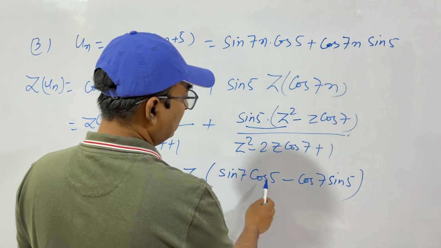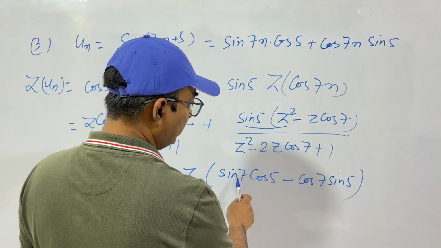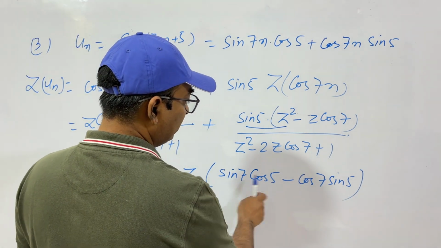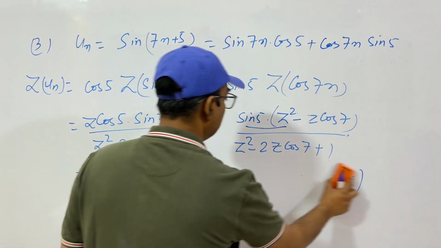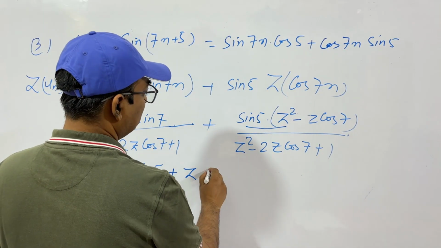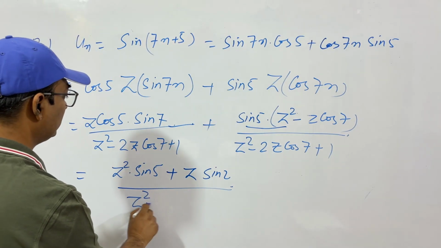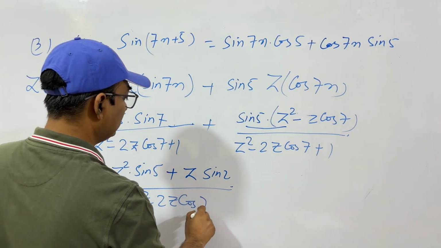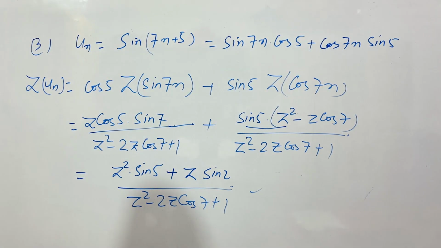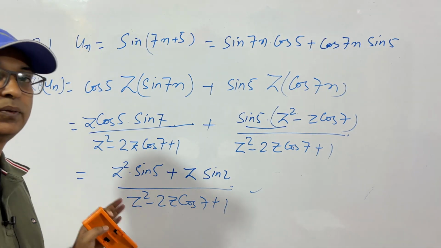And you know this is sin A cos B minus cos A sin B, so this will be sin(A minus B), that is 7 minus 5, 2. So this is essentially z sin 2, and your denominator is z square minus 2z cos 7 plus 1. Okay. So this is how we take z transforms.